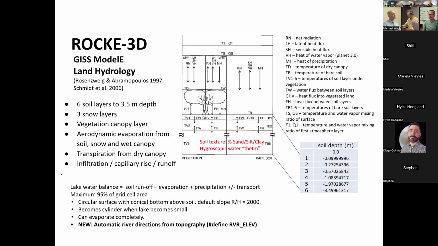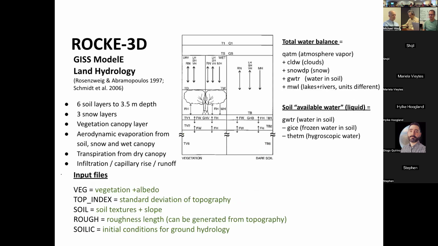Probably can switch to the next slide. So this basically just repeats the same thing, except now at the bottom of this slide we list all, probably not all, but the most important input files related to ground hydrology. So the veg file describes your vegetation distribution.